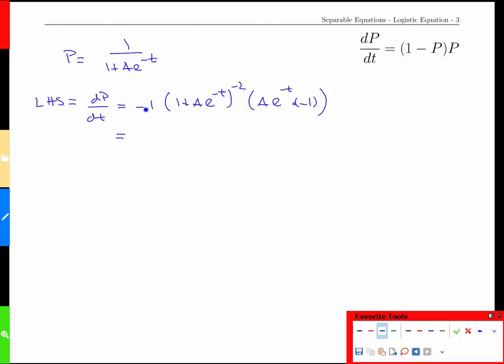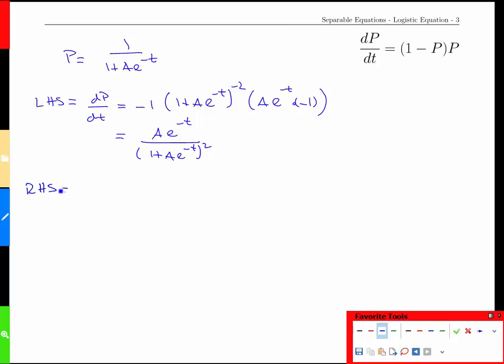We can tidy that up a little bit. There's double negatives going around, so we'd have an a e to the negative t on top, and a 1 plus a e to the negative t all squared on the bottom.